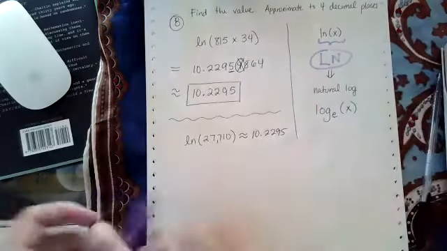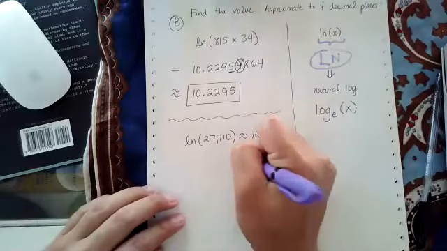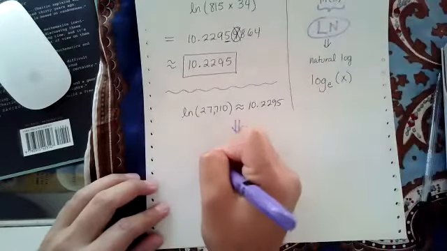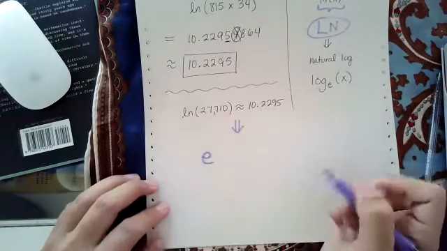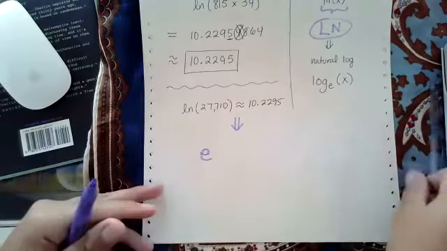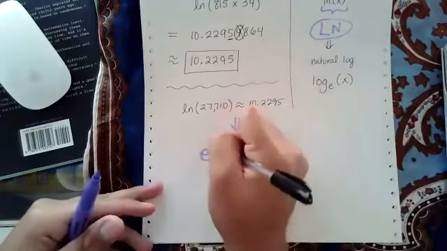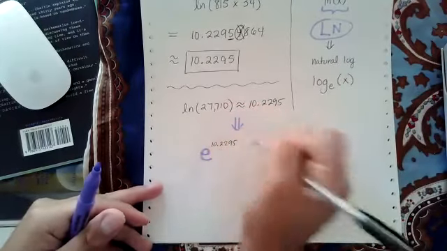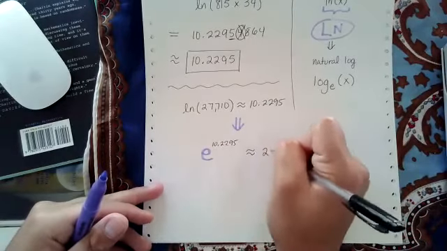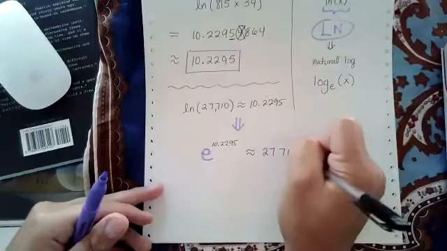If we were to convert this into exponential form, what we would be saying is that we have the base e, which is the base for the natural logarithm, raised to the 10.2295 power, and that should approximately be equal to 27,710.